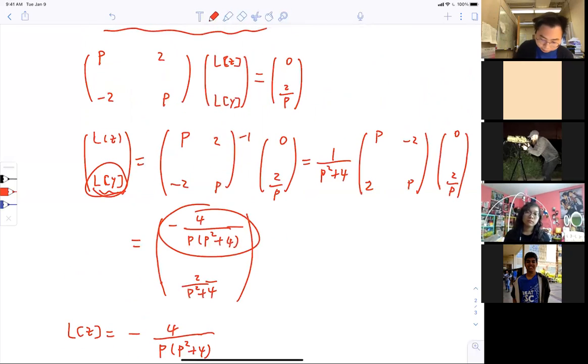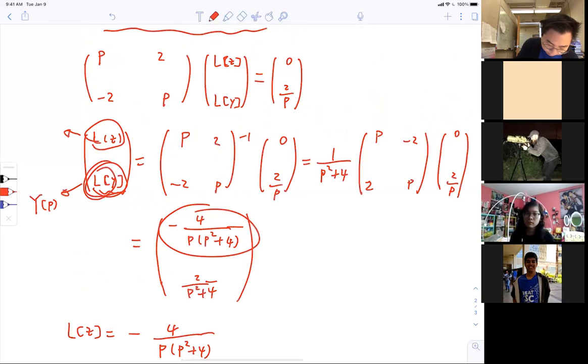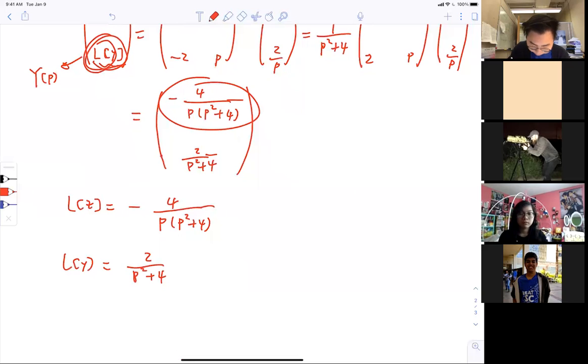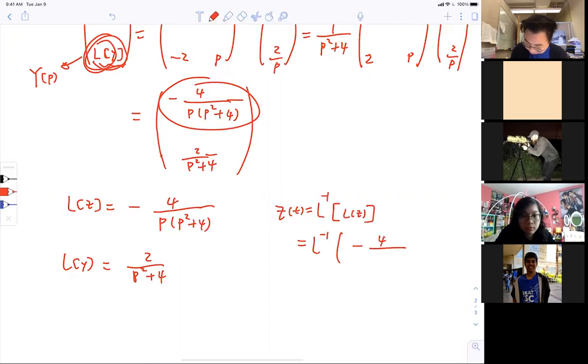And of course, sometimes people use a new notation, capital Y of p for this one, maybe capital Z of p for that one. It doesn't matter, it's just notation. And we know that the original function is the inverse transformation of this guy.